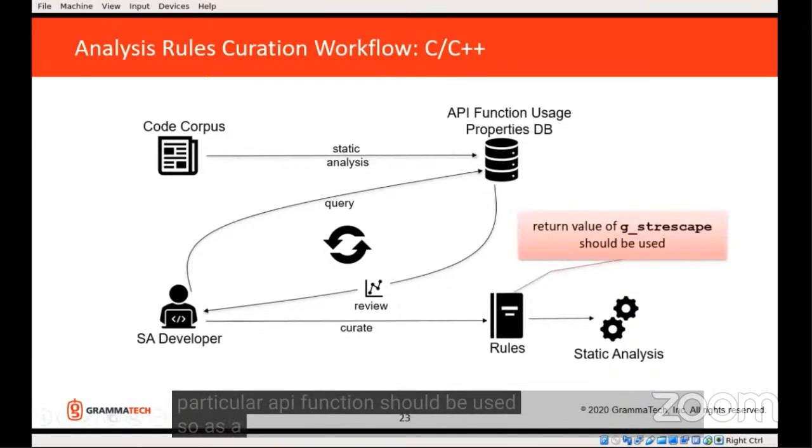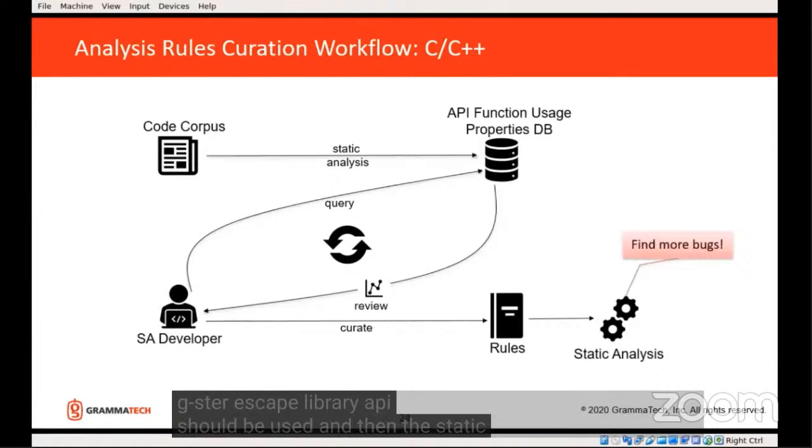So as a specific example, the return value of g_strescape library API should be used, and then the static analysis is taught to find violations of those rules using the existing infrastructure to find a lot more bugs.